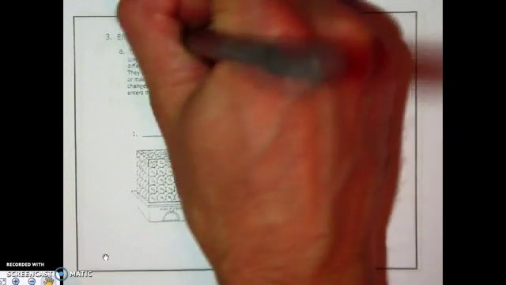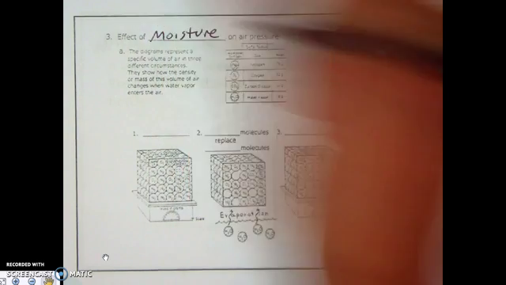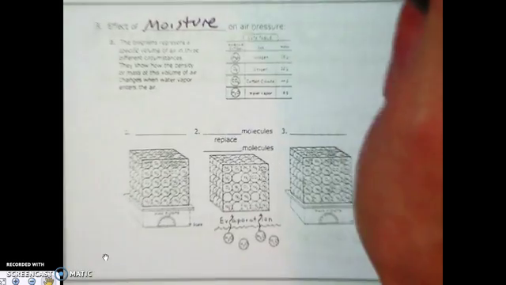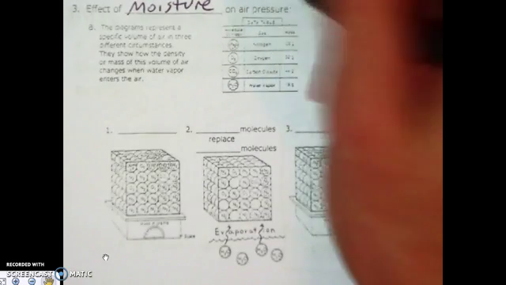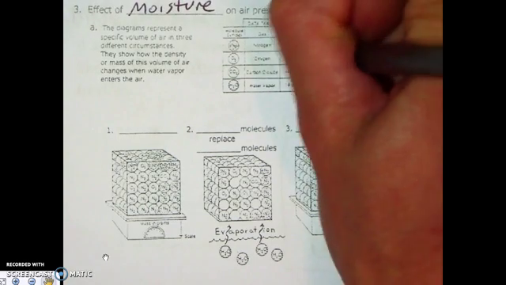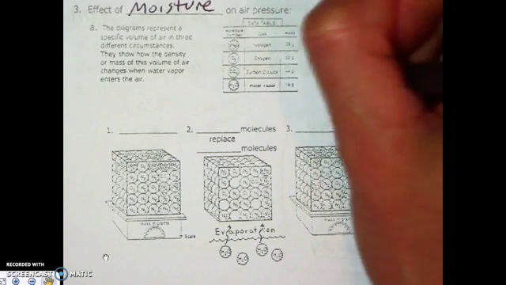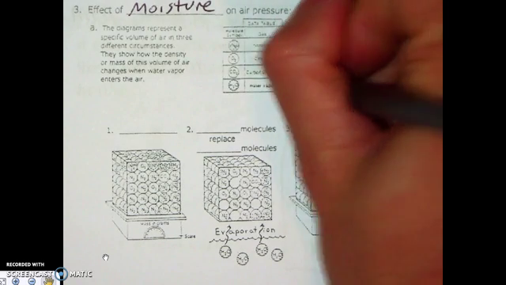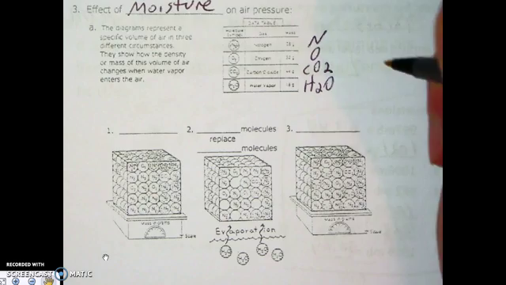So moisture or humidity will affect the air pressure. Now, what this diagram is trying to show up here, and I know it's difficult to read, but we have nitrogen gas, I'll put an N, oxygen gas, carbon dioxide, CO2, and H2O, water vapor.